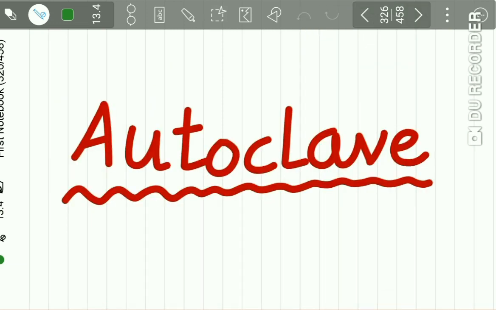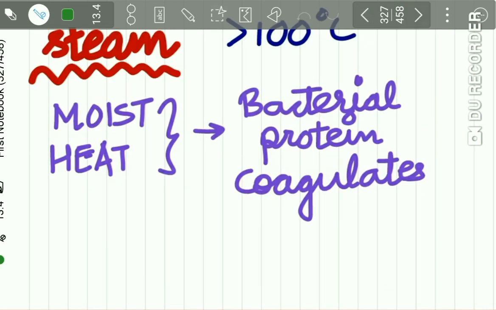Now, this is the principle of the autoclave. Steam above 100 degrees Celsius, or saturated steam, has a better killing power than dry heat. Bacteria are more susceptible to moist heat as bacterial protein coagulates rapidly in moist heat.